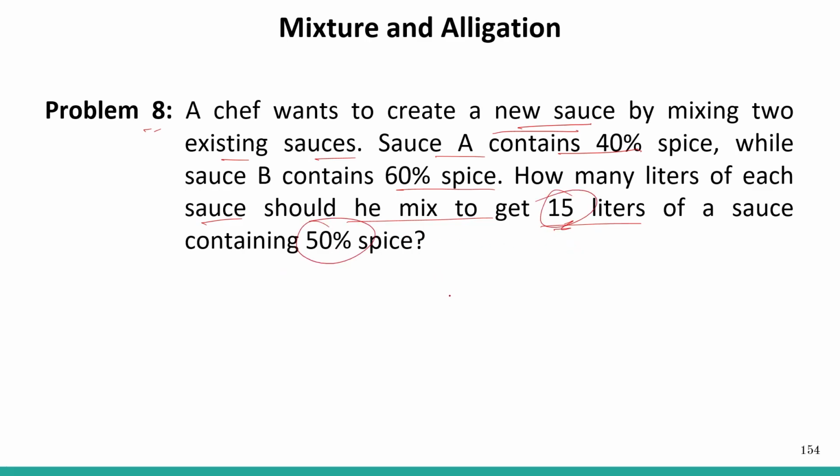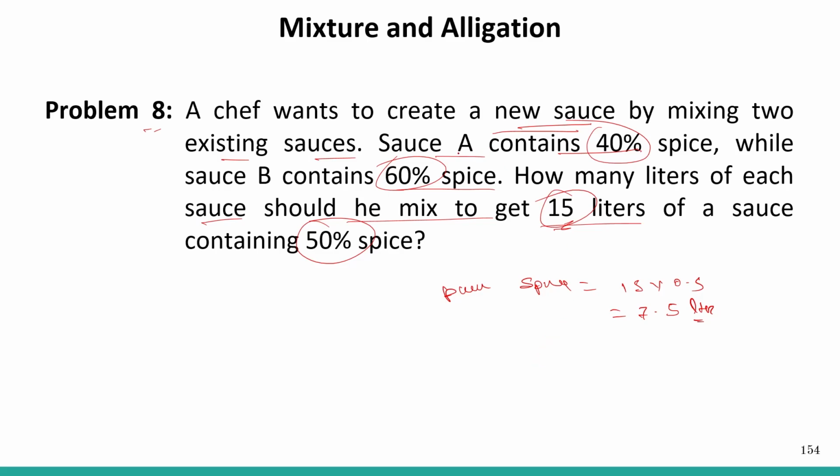So let's see, pure spice is equal to what? 15 into 0.5, that is equal to 7.5 liters. We have two varieties of sauces which have different amounts of spice in them.